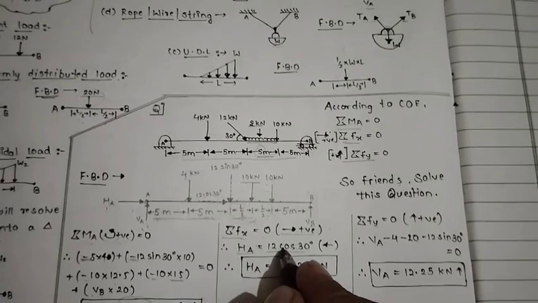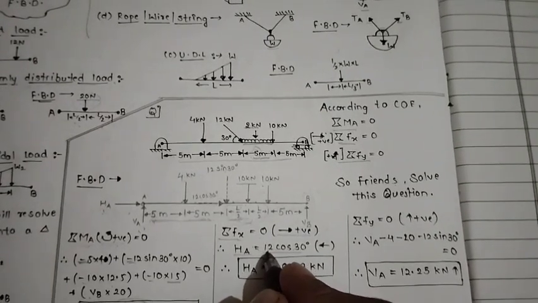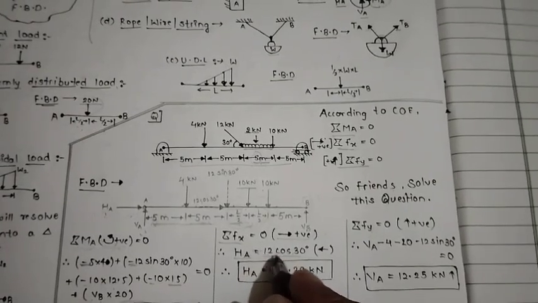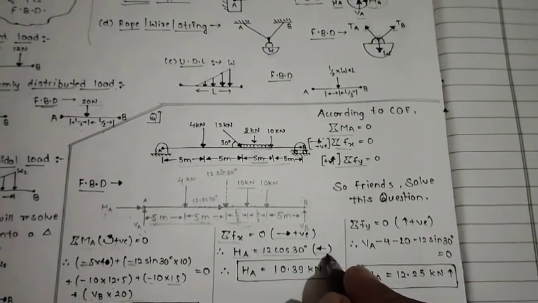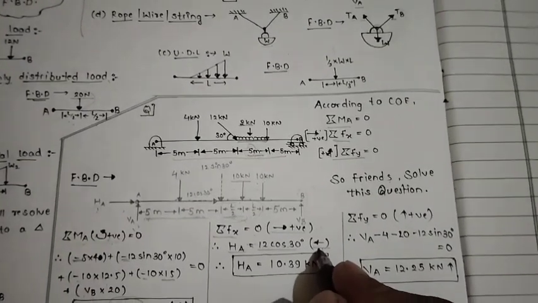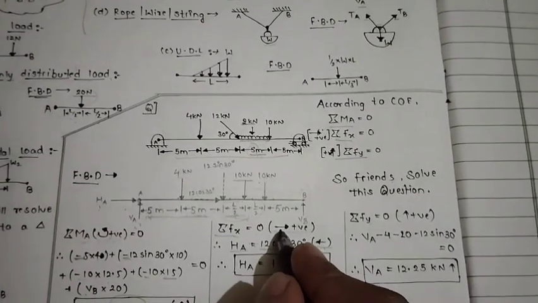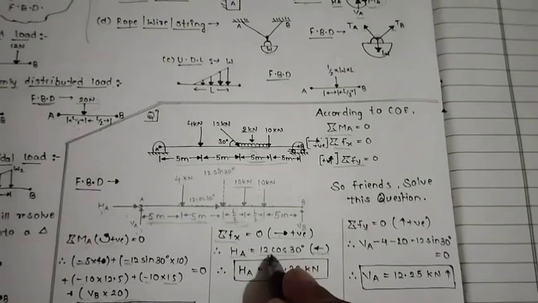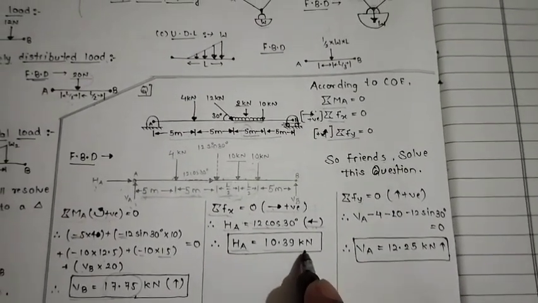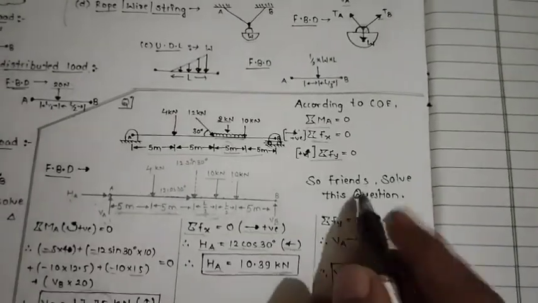When it goes this side, it will become minus. Now your question will be, why haven't you considered minus here? You can see I have drawn an arrow here. This arrow signifies that the direction which we have taken is opposite to this. Therefore HA will be 10.39 kilonewton.